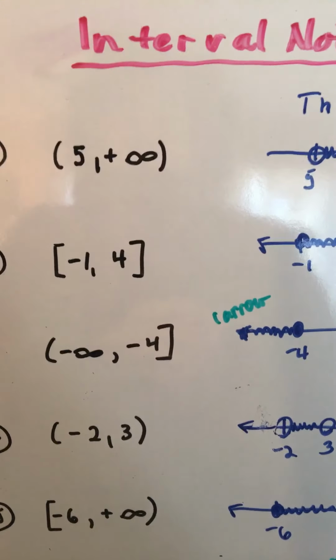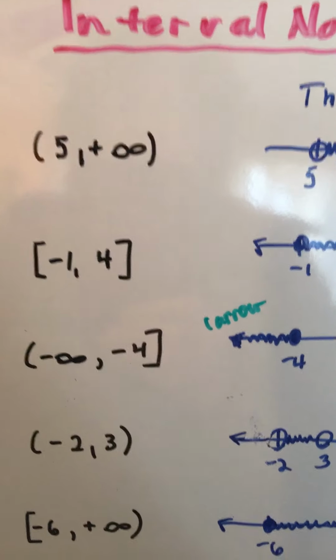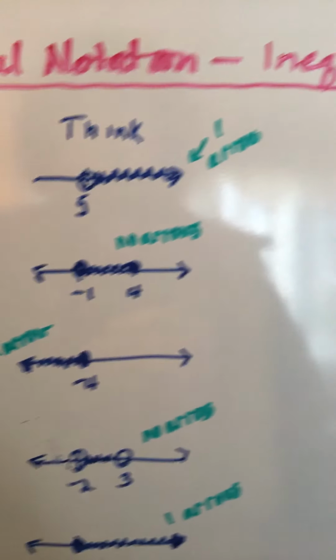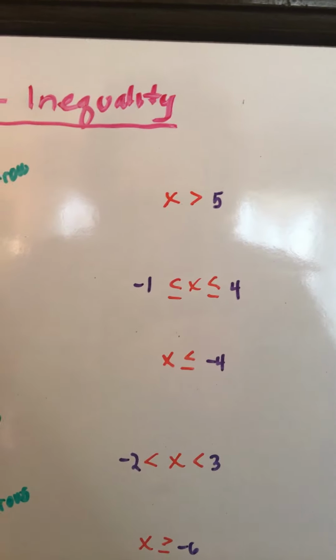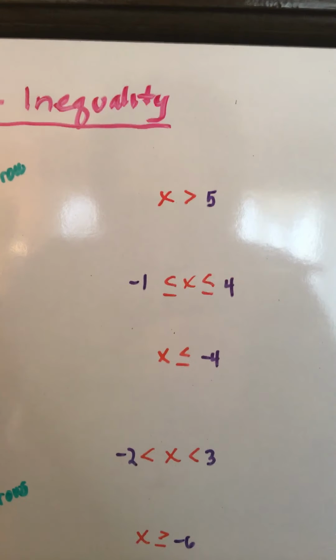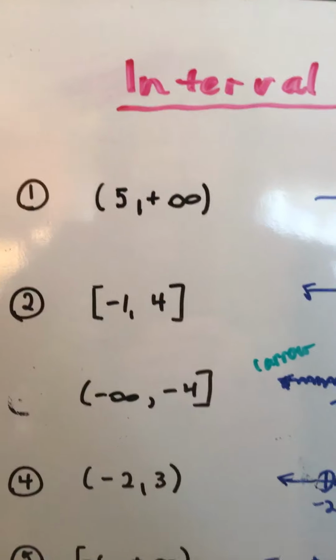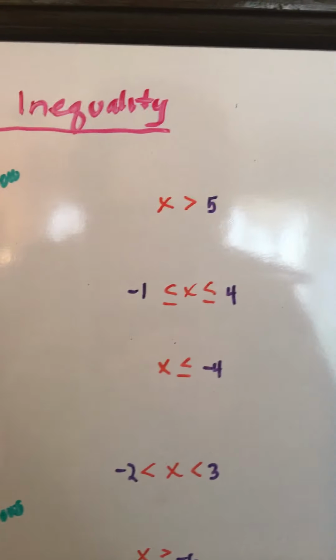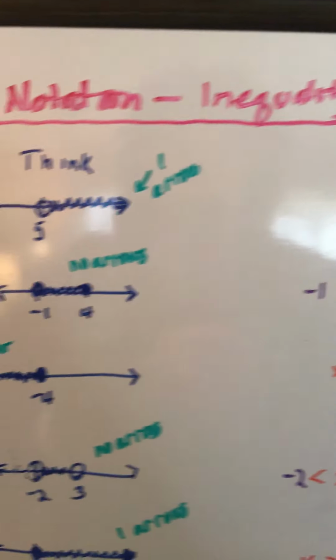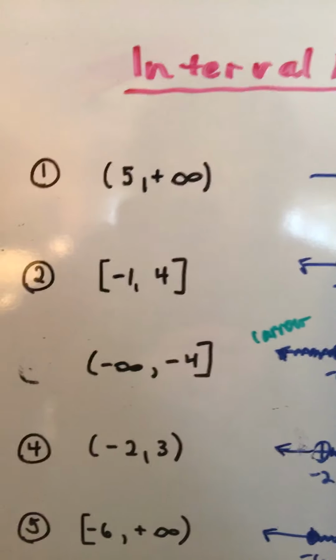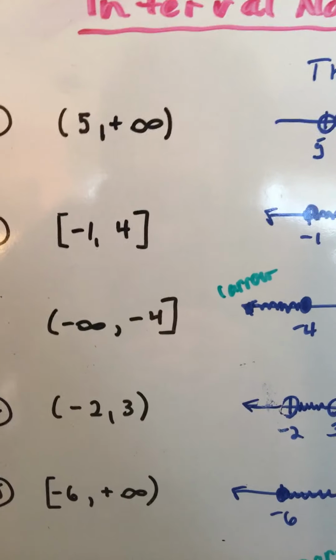This one said I'm between two numbers, and I have equal signs. So notice how I wrote the less than or equal to, x less than or equal. Then I just went back and said, what are the numbers? Negative 1 and 4.